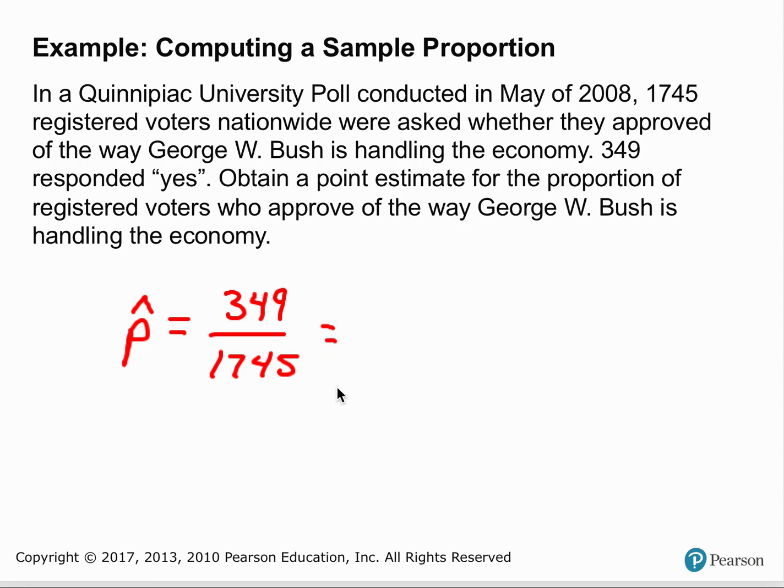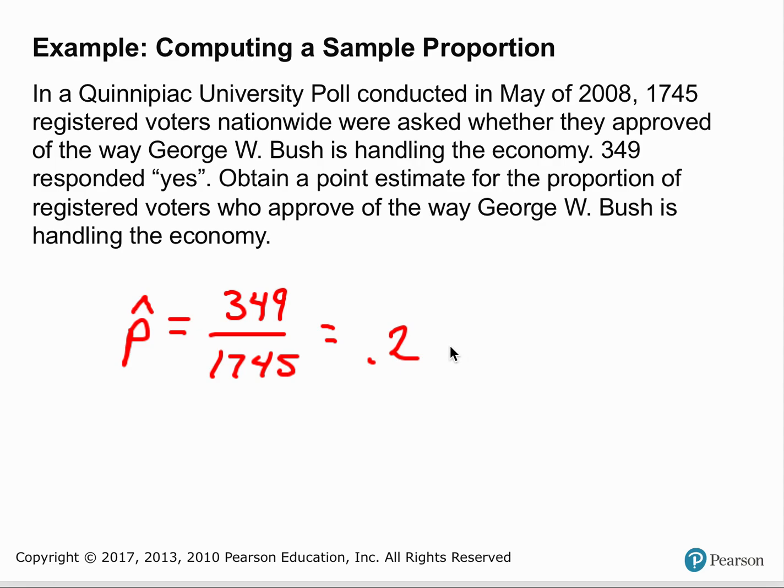The point estimate of the proportion, 349 divided by 1,745, is about 0.2. So if we did a second survey of 1,745 voters, we would likely get a different estimate of the proportion because different individuals would be in the sample.